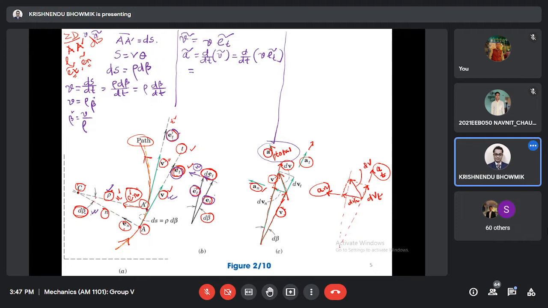That means v dot et plus v et dot. Up to this you understood. Here et dot means the rate of change of et. It is changing due to the curvature, or beta, that is, the change in direction as far as curvature is concerned. On the other hand, magnitude wise this is equal to 1, as this is a unit vector.